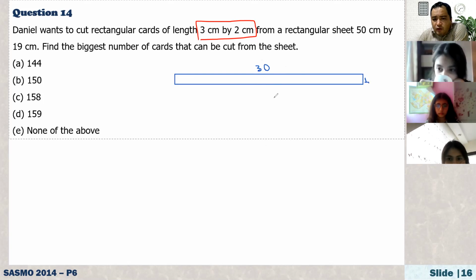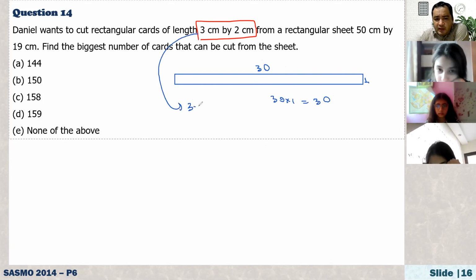And what is the area? The area of this one is 30 by 1, that's equal to 30. The area of this rectangle is 3 by 2, it is 6. So if you just divide this area by 6, you will get 5.